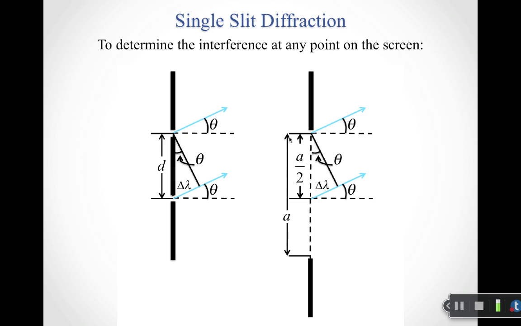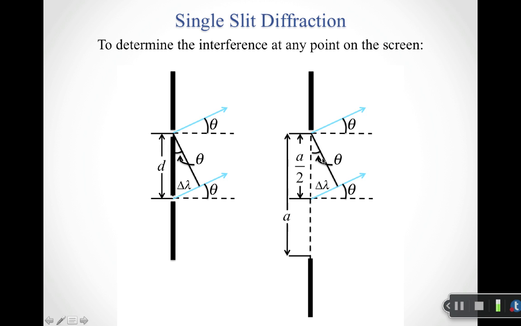And so what we're going to care about here is that A is what we'll use for the slit width. We're going to care about this triangle. It's got a hypotenuse of half the slit width, so this is A over 2. Again, here's the path difference that we're interested in.